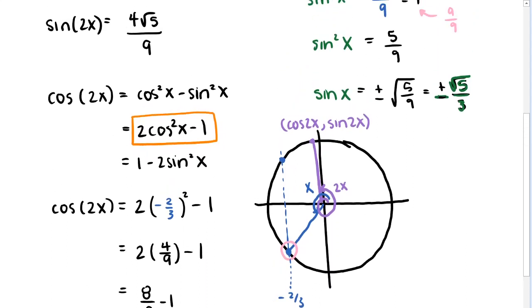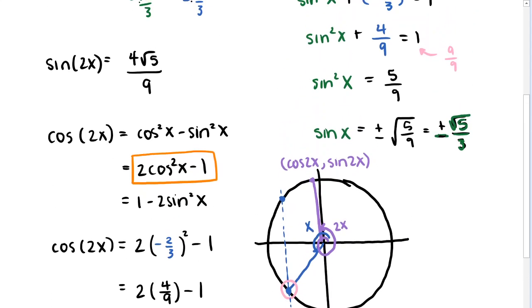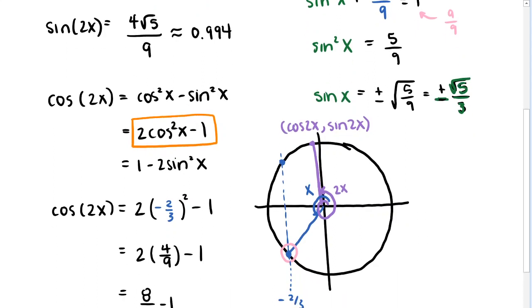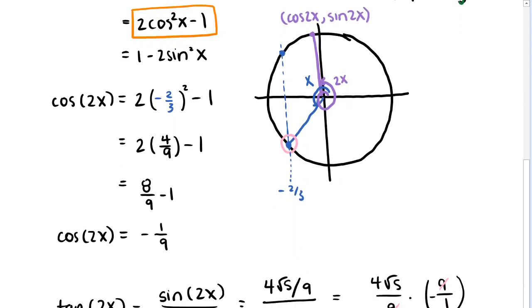Sine of 2 times x is 4 square root 5 over 9, which comes out to be approximately 0.994. So very close to 1, very close to the tallest or highest y values on our unit circle, as this picture suggests. And cosine of 2 times x is negative 1/9, so some very small negative number to the left of the y-axis, or the vertical axis, and that's what we have in our picture here.